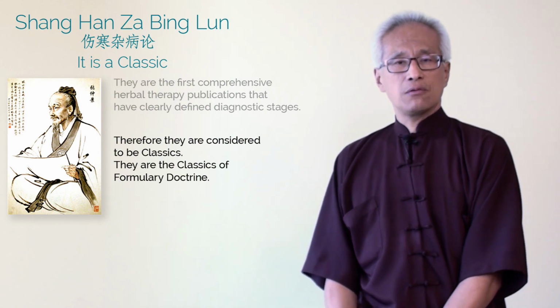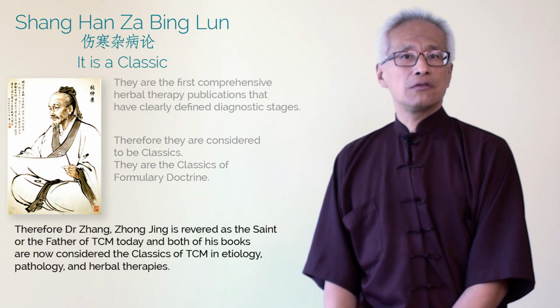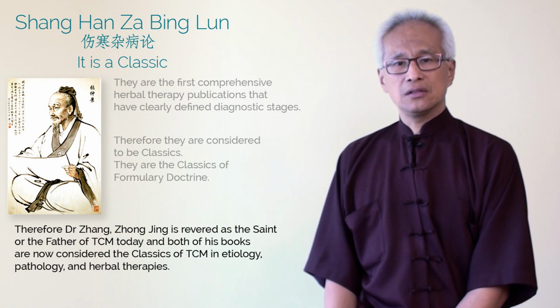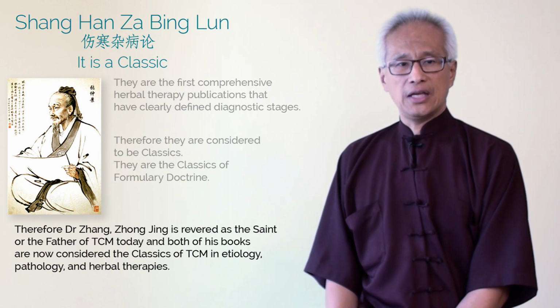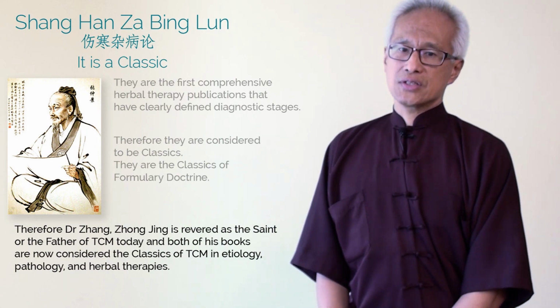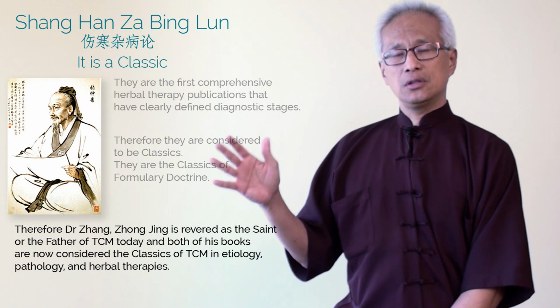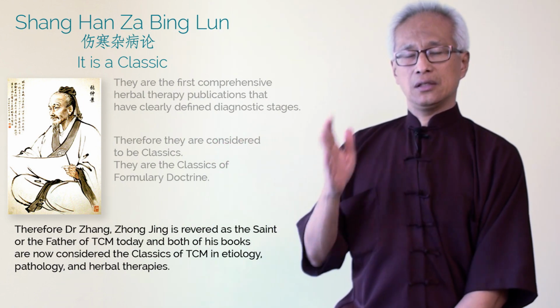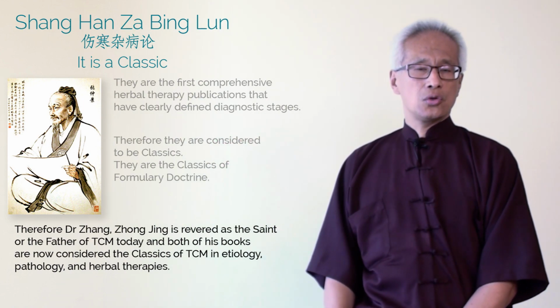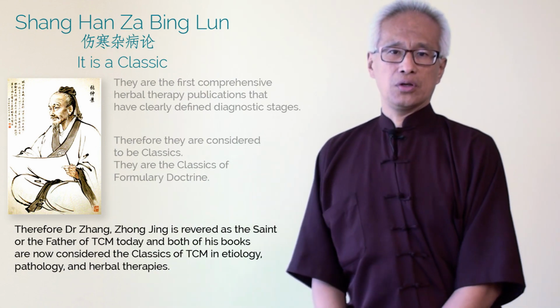Because of what Dr. Zhang Zhongjing has brought to us, he is revered as the saint or the father of TCM today. Both of his books are now considered classics of TCM in etiology, pathology, and herbal therapies. So a good Chinese medicine student must study these two books.